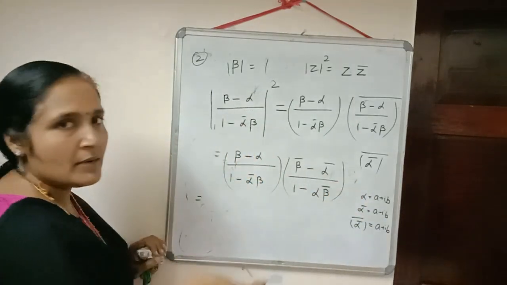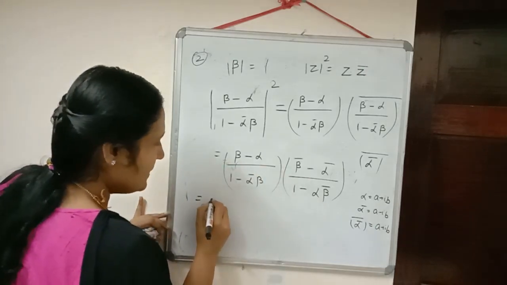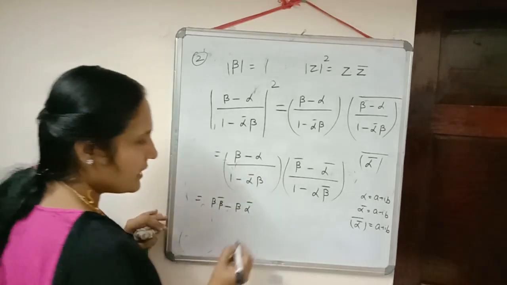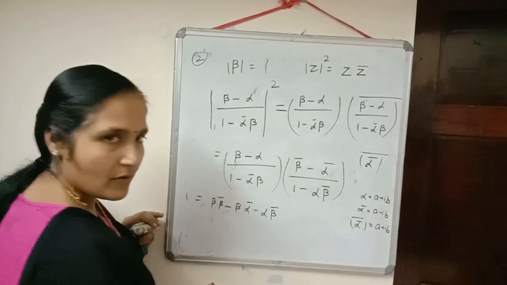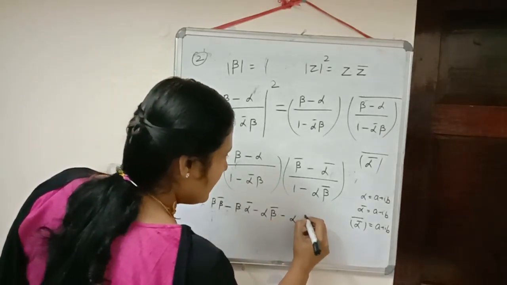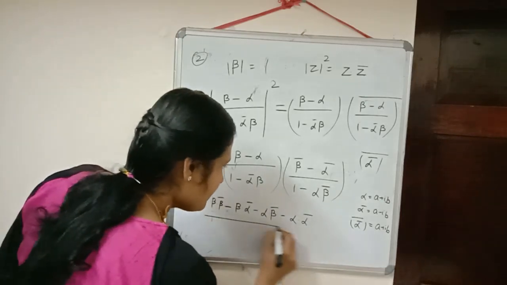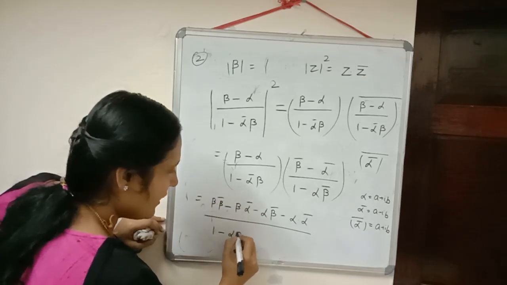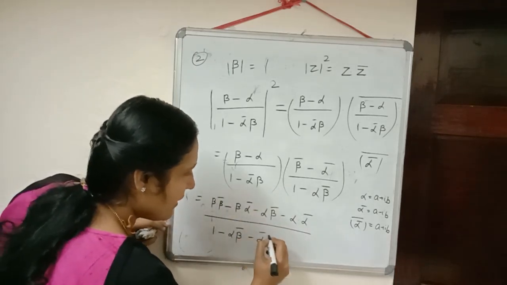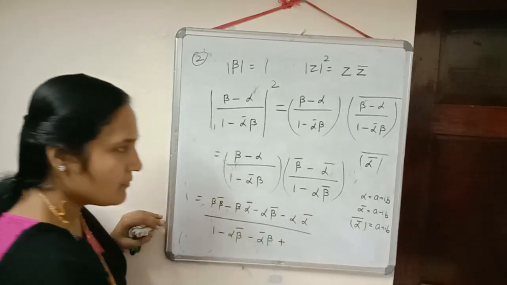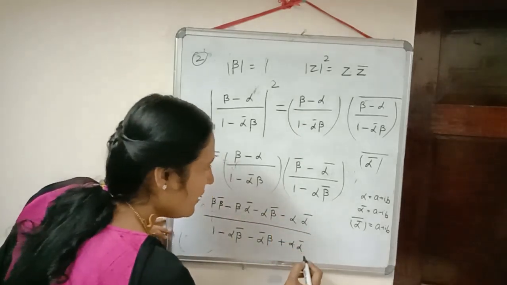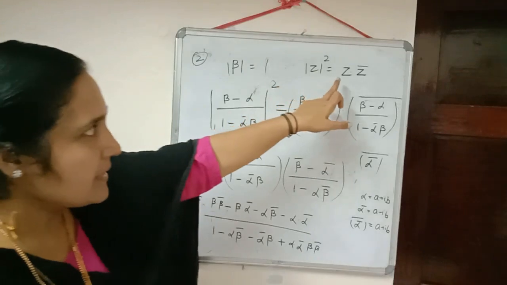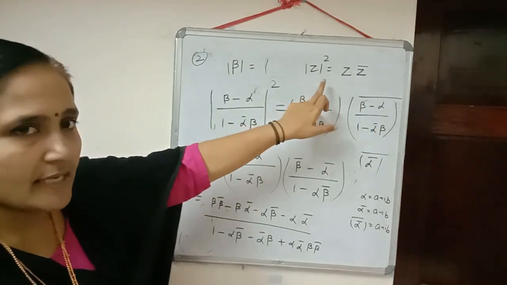Now what we will do? Normal multiplication. So first, beta into beta bar minus beta into alpha bar conjugate minus alpha into beta conjugate of beta minus alpha into alpha bar, by, here also we'll do the multiplication, so it will be equal to 1 minus alpha into beta bar minus alpha bar into beta, minus into minus will be equal to plus alpha into alpha bar, mod beta into mod beta. Now here we can use the same concept, z into z bar is mod z the whole square.